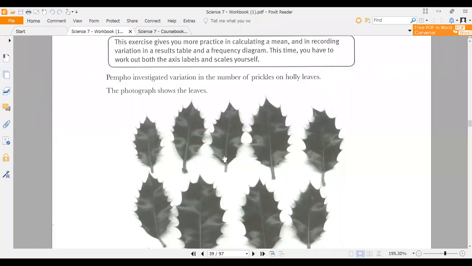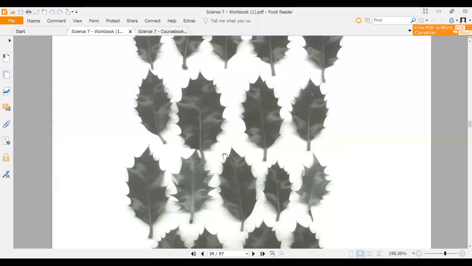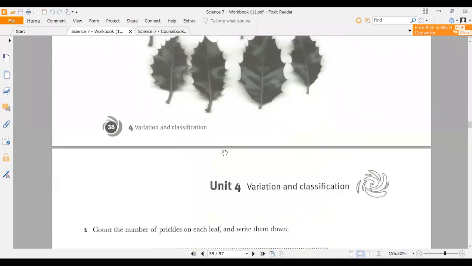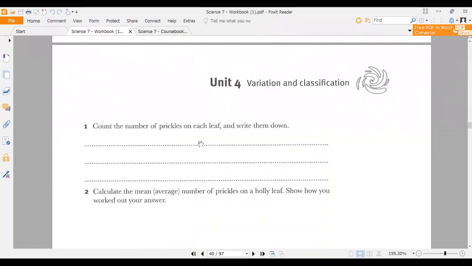Now, by looking at each of these 18 leaves, you're going to answer the questions below. It says, question number 1, count the number of prickles on each leaf and write them down. Please, in your workbook, can you write down the values belonging to these leaves?